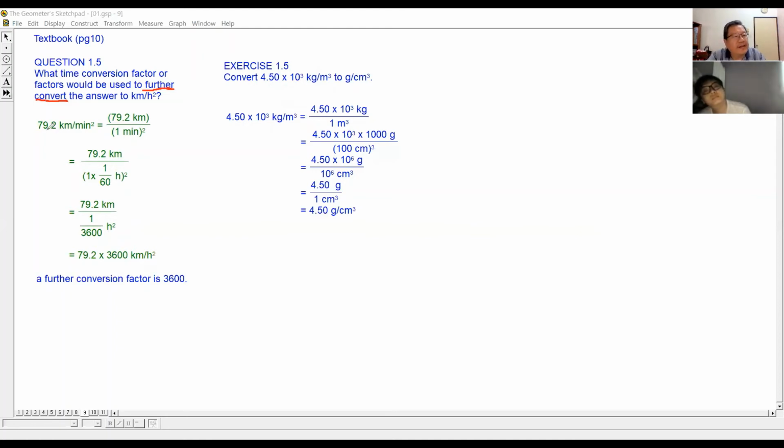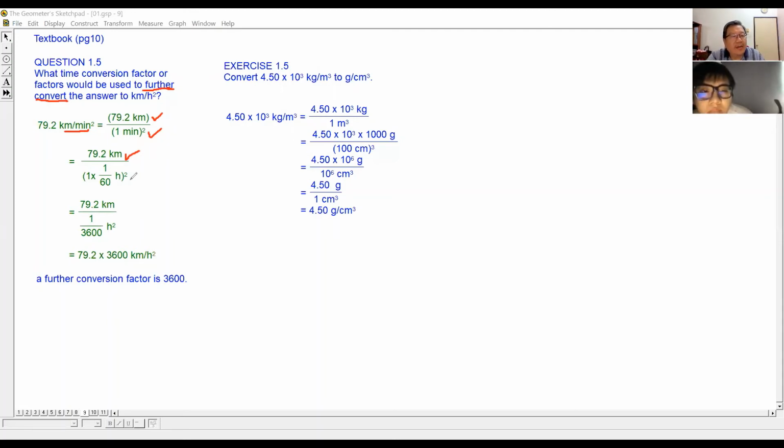Our answer is 79.2 kilometer per minute square. So if you want to write kilometer per minute square, you put at the top kilometer and at the bottom 1 minute square. Just follow the units from the previous part. So kilometer remains the same because we are not going to convert it any further, as they want the answer in kilometer.